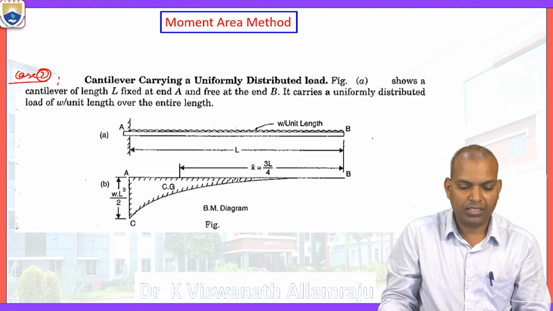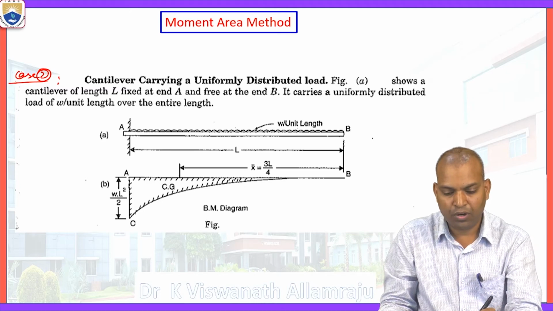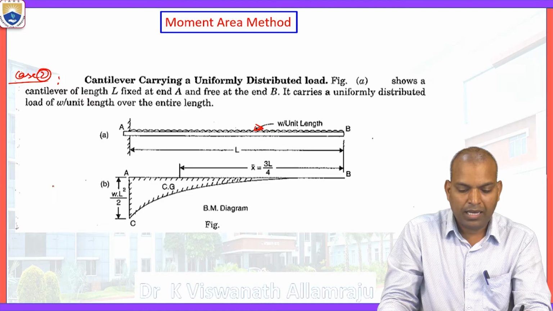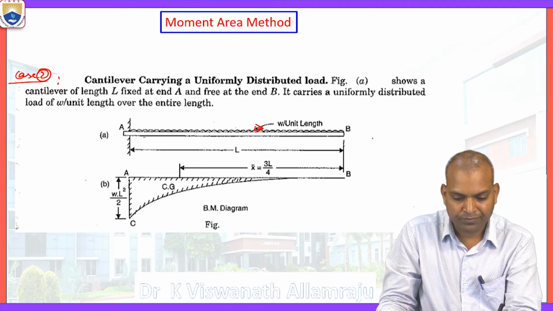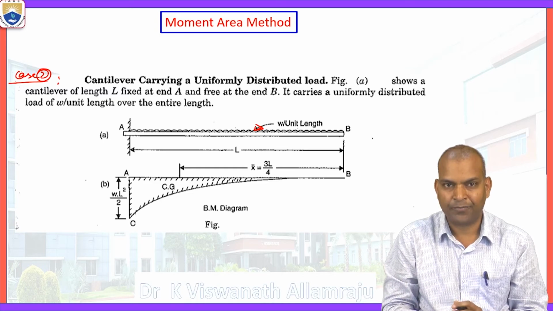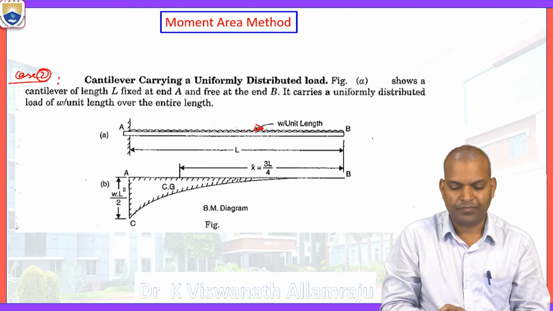What is case 2 here? A cantilever beam carrying a uniformly distributed load throughout the span of the beam. Again, first we have to draw the bending moment diagram and calculate its area.